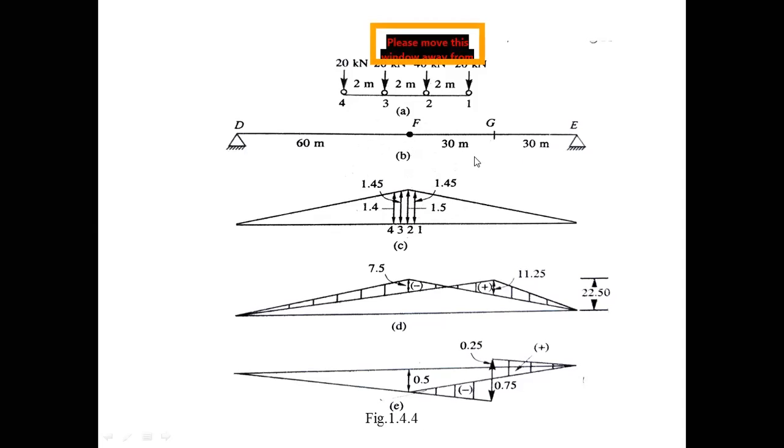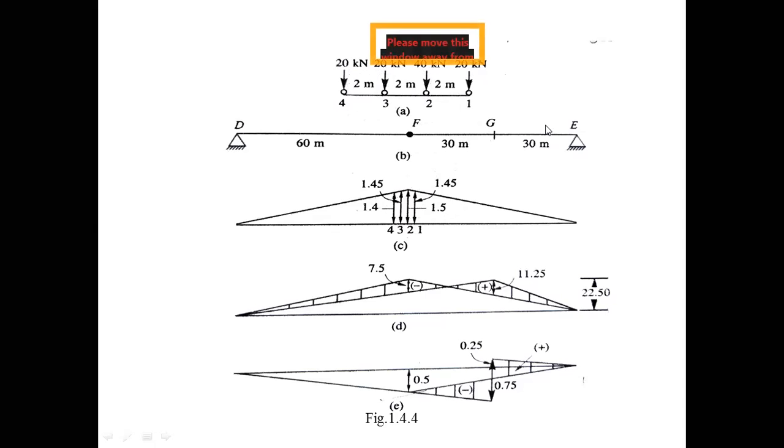And a four wheel load is passing over it. First load is 20 from right to left. First load, second load, third load, fourth load. First load is 20, second load is 40, third load is 20 kN, and fourth load is 20 kN.